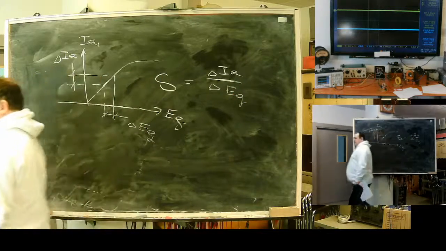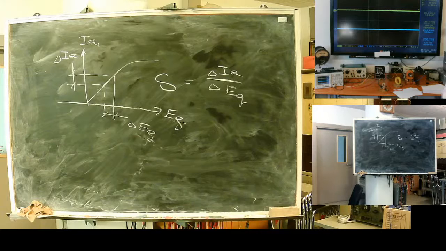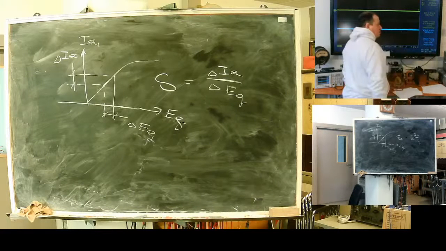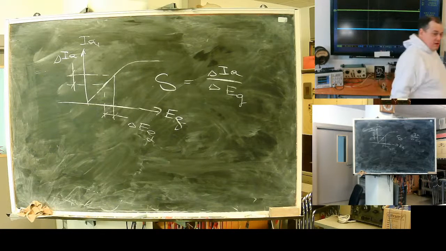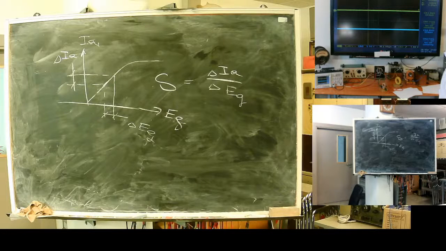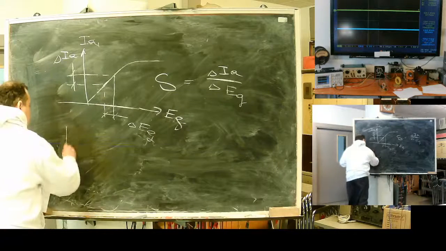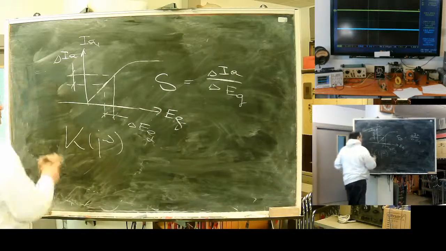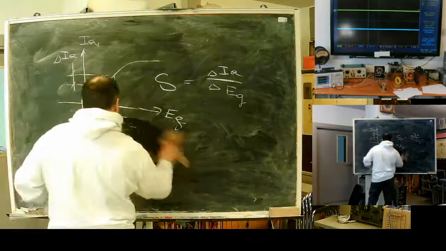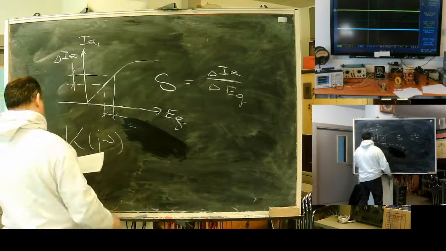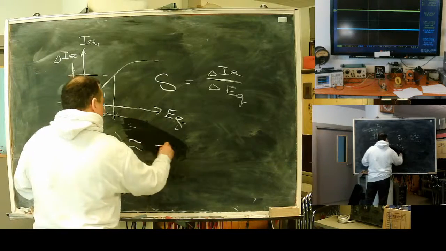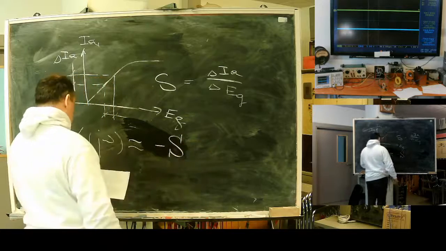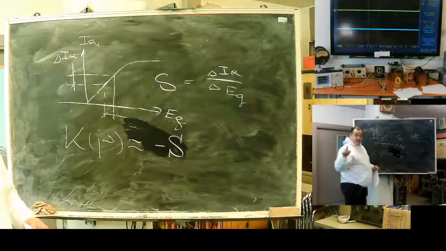It's, can we say, the sensitiveness of our linear stage. Transfer coefficient can be written approximately as S, minus, because we have an inverting amplifier.